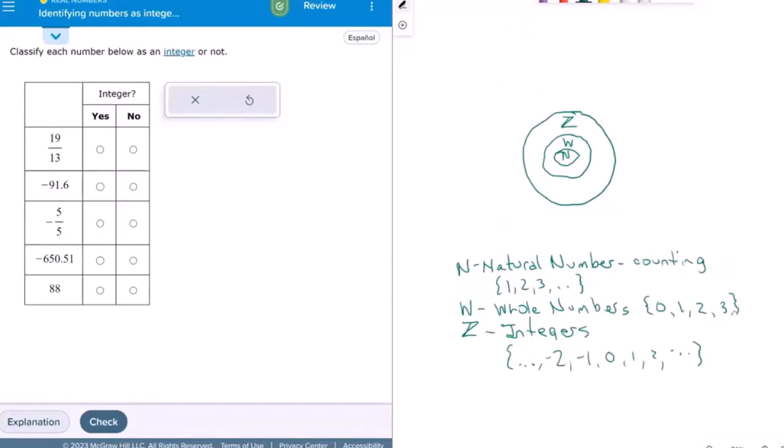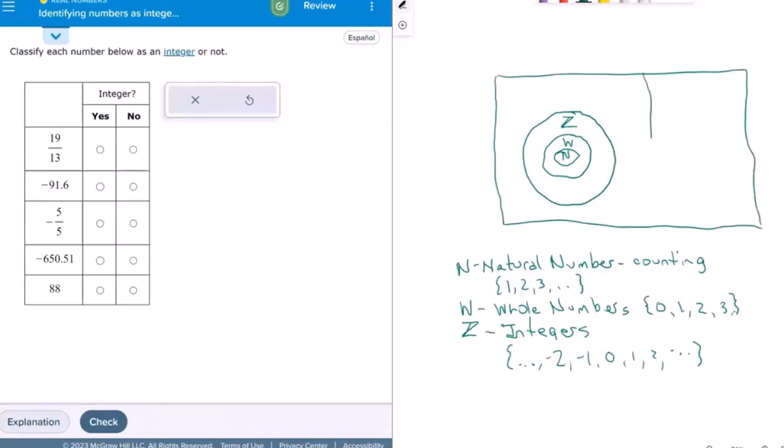Now we make our big box outside, and this box is divided into 2 pieces. What does the box represent? The box represents real numbers. And real numbers are any number that you put on a number line.